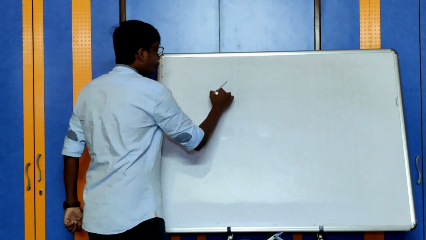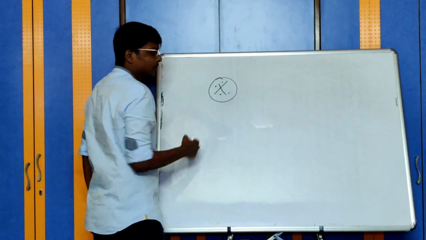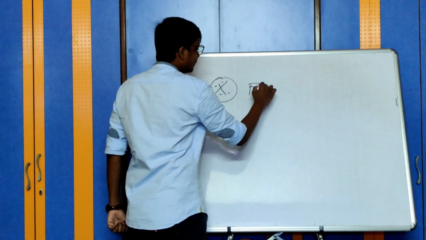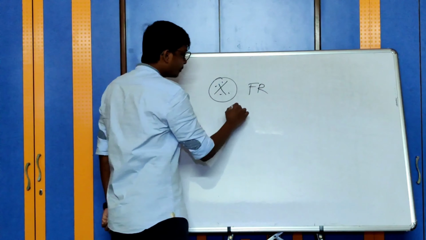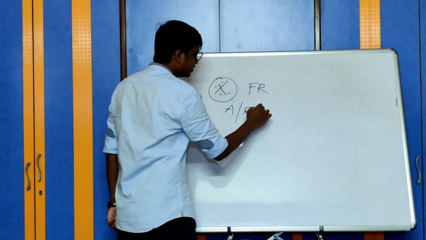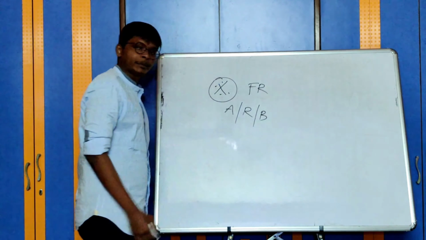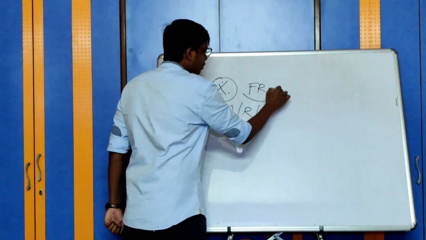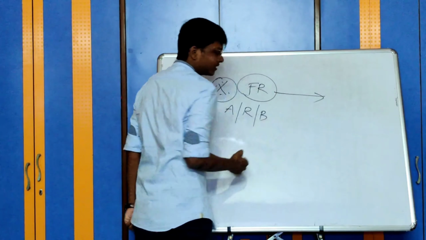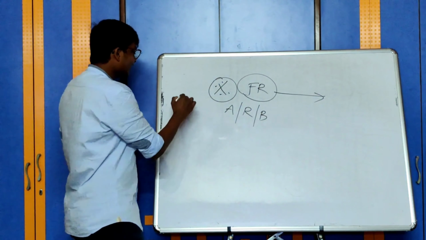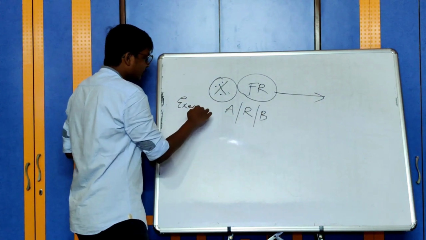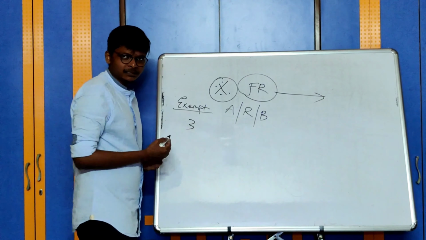Another important point to note: I passed the FR exam, but I am not able to pass the auditing, regulation paper and business environment paper. For how long can I carry forward this? Just like in CA we have something called exemption, which you can carry forward for 3 attempts.